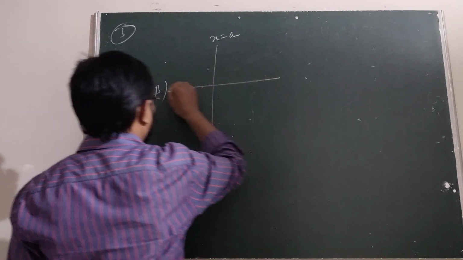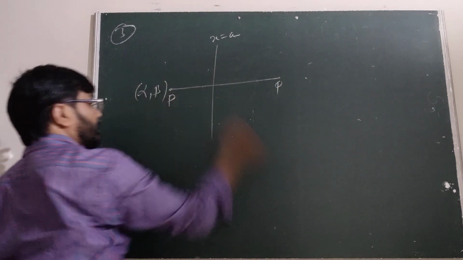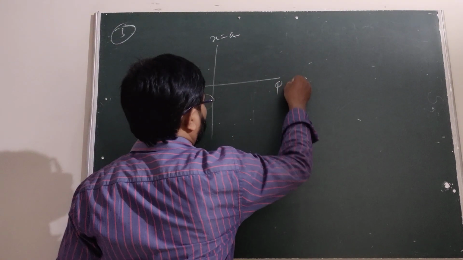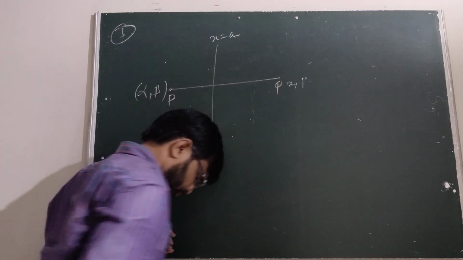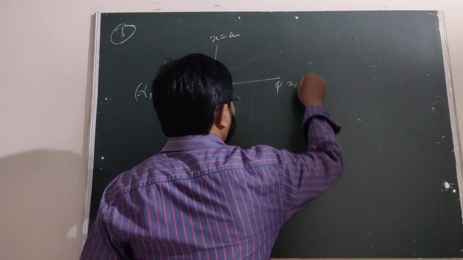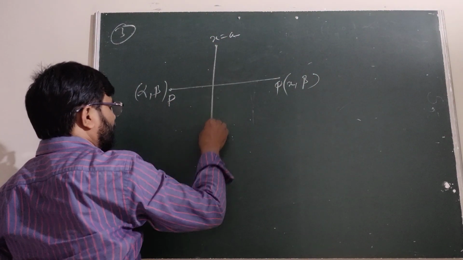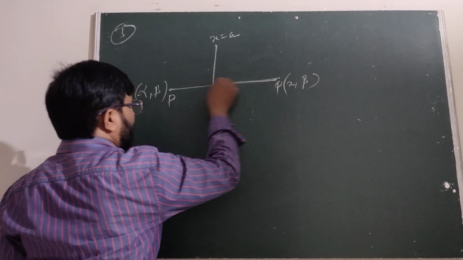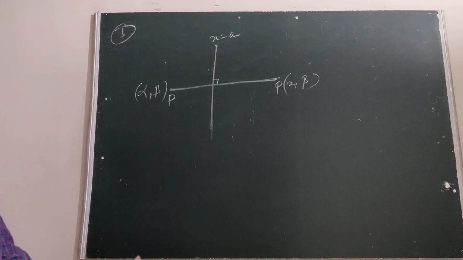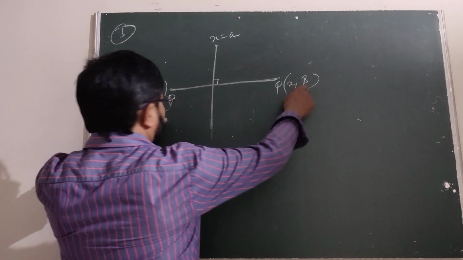Suppose this is P, and this is Q. Its image we take as (x, beta). All of you know that when x equal to a, this line is vertical and the segment joining the point and its image is a horizontal line, so the ordinates are equal.